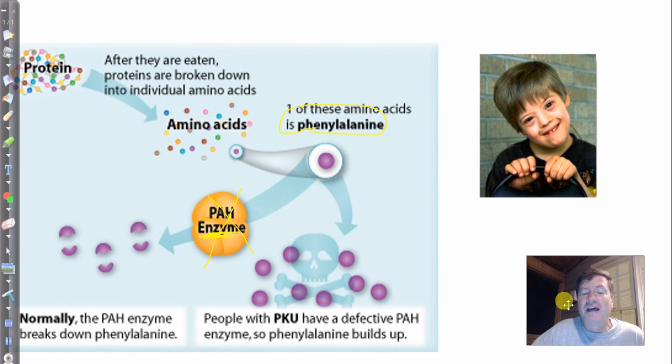Excess phenylalanine in these children, because they lack that enzyme, can cause PKU, phenylketonuria, which can result in mental retardation. So here is one more example of, if they don't have the right enzyme in the right shape, then they're not going to be able to carry out the reaction properly.